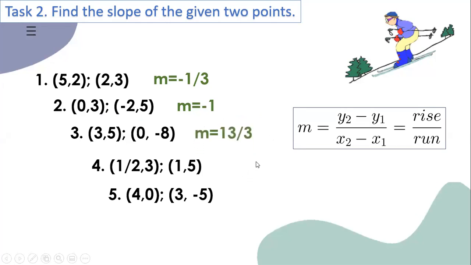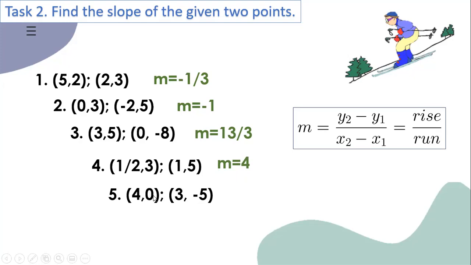Okay, so 13/3. Number 4, we have (1/2, 3) and (1/5). So the slope is 4. Okay, so try also number 5.